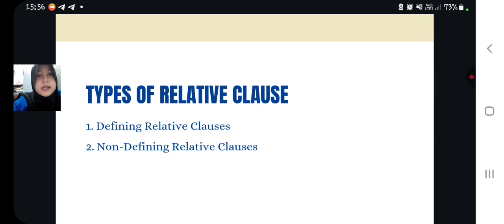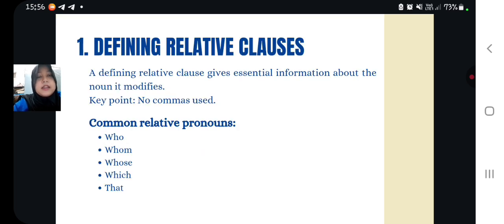There are two types of relative clause. First is defining relative clause, and the second is non-defining relative clause. Defining relative clause: a defining relative clause gives essential information about the noun it modifies.